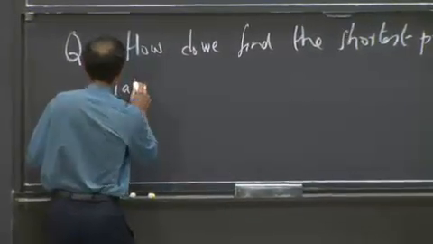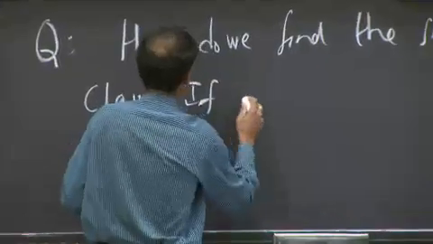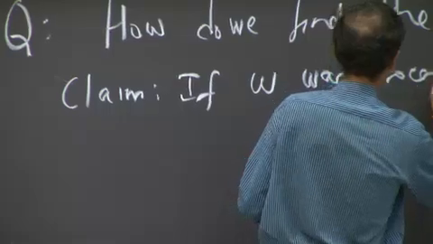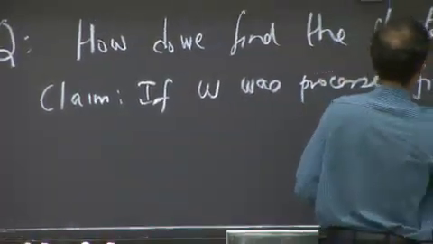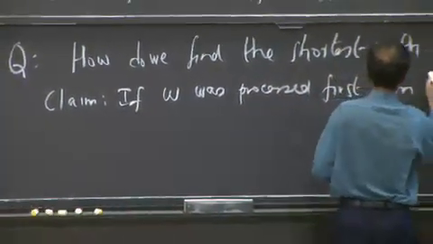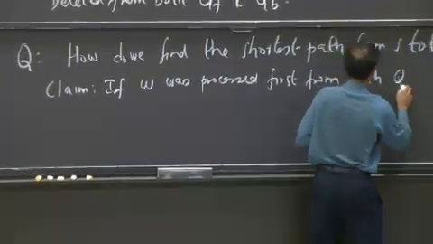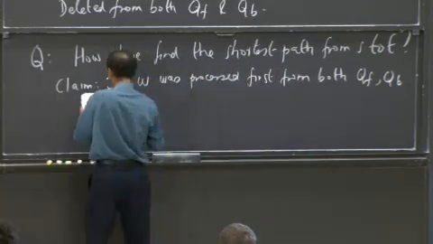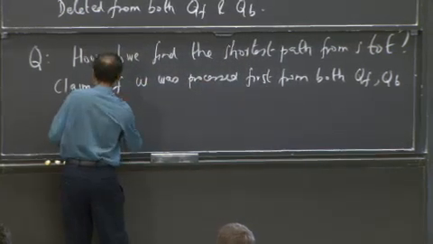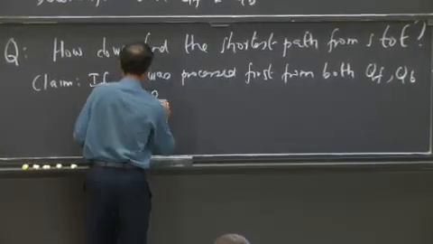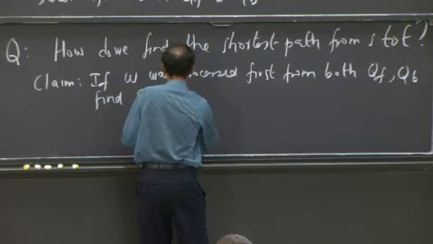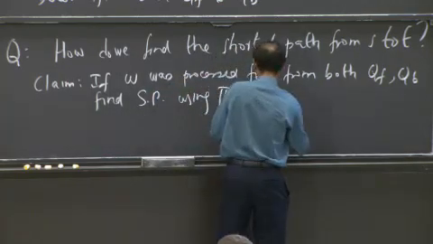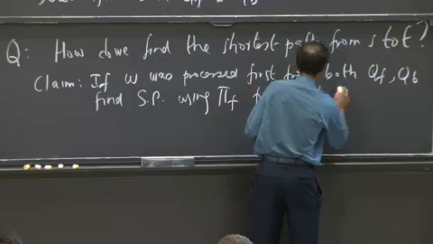So the claim is if W was extracted first from both QF and QB, then find the shortest path using pi f from S to W, right?